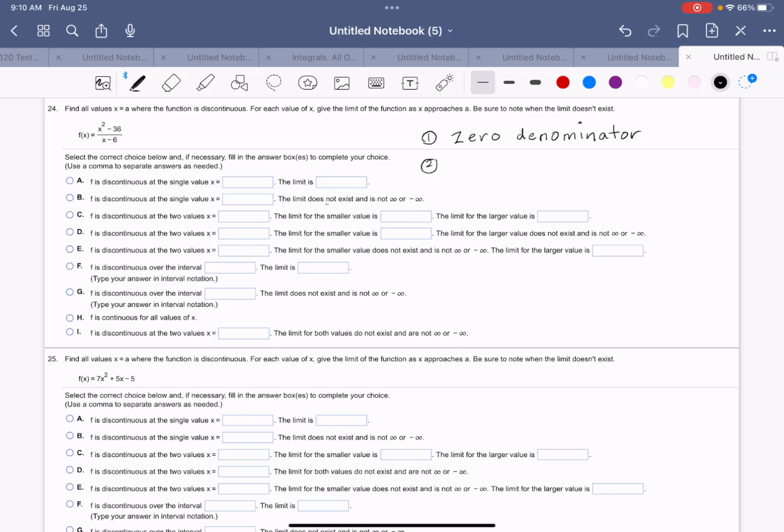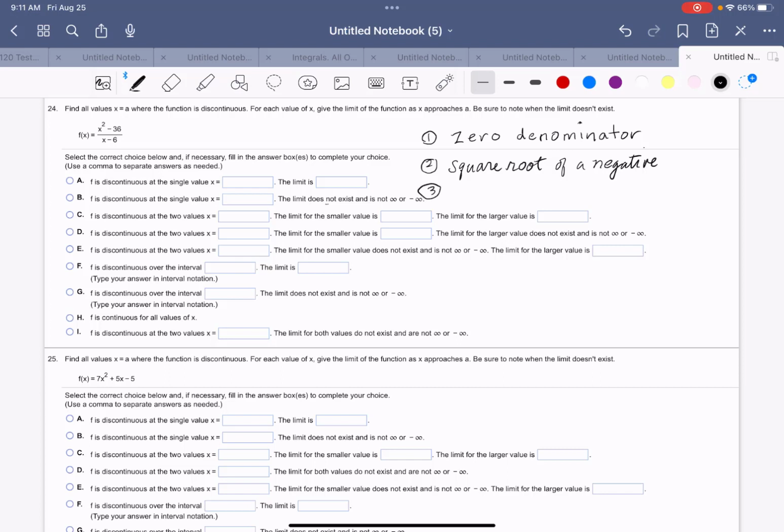The second place is the square root of a negative. The square root of a negative is not a real number. So if you have a number in a square root that makes a negative, that would also be a discontinuous place of the function. And the graph would not exist for those values, same as with zero denominator.